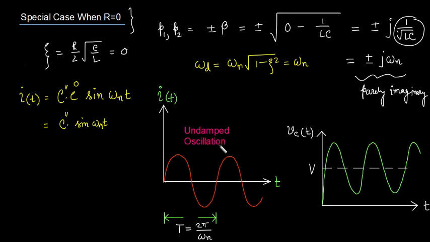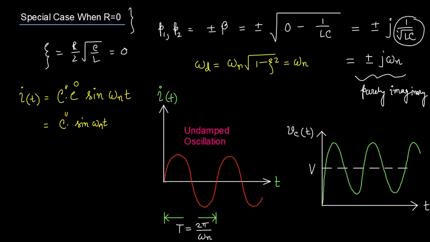Although this type of circuit is not practically feasible, such circuits are used in many electrical systems to use the effect of current oscillations. The voltage across the capacitor will exhibit similar oscillations around its steady state level V. The time period of this oscillation is given by 2 pi by omega n, where omega n is the natural frequency of oscillation.